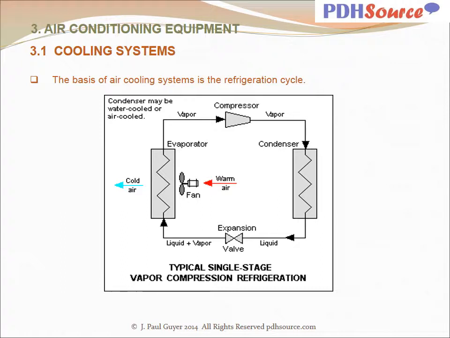In the early part of the 20th century, however, the refrigeration cycle was developed and perfected, and this refrigeration cycle is the basis for all HVAC systems. It's what creates the cold, if you will, that cools the air inside a building. And it's what you see in this schematic.